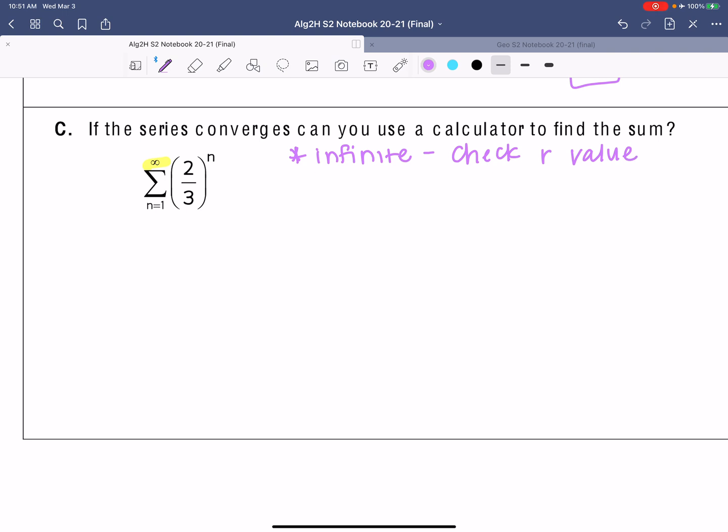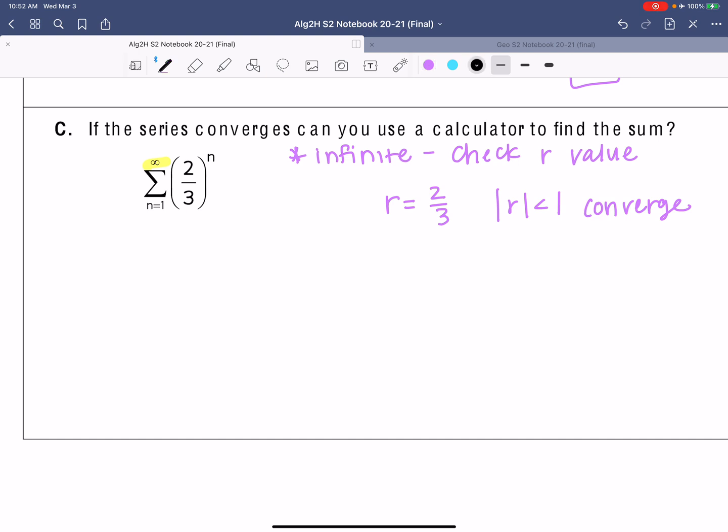Okay, so this one's a little bit weird looking, right? So this just has 2/3 to the n power. That's the rule. Well, 2/3 is still your R, because whatever is to the power is your R value. So R is equal to 2/3, and 2/3 is in fact less than 1, so it converges. So we can evaluate it.